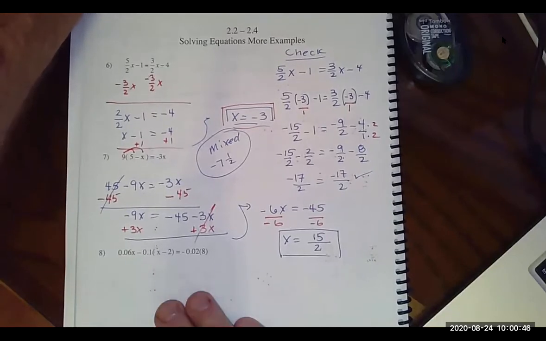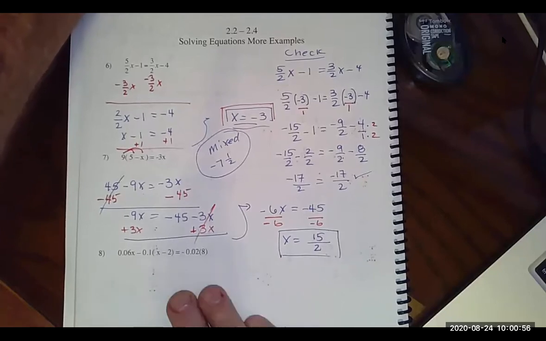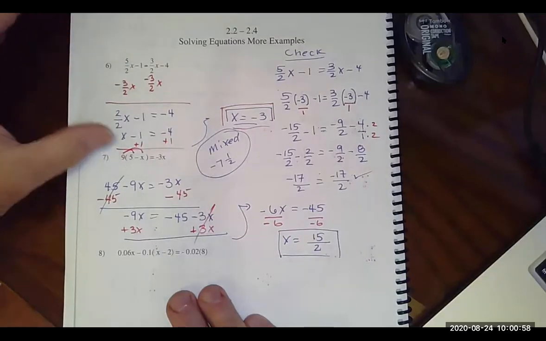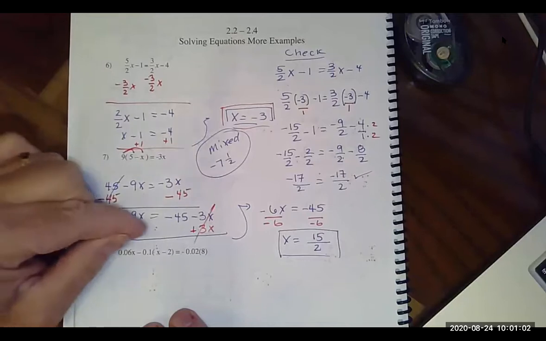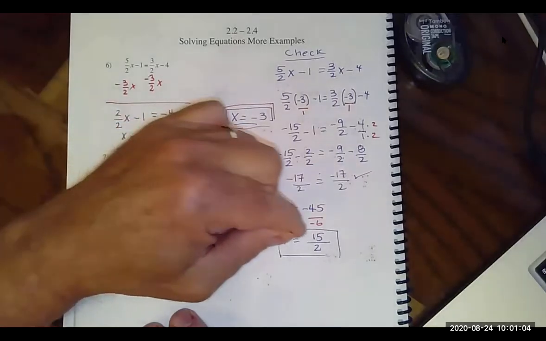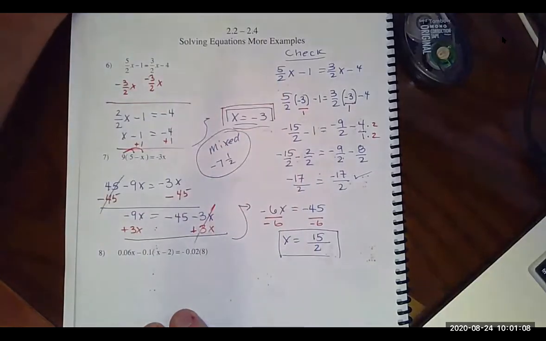Now, here is something that's interesting. On the multiple choice test, where I'm not asking for any work, it's just the right answer. Let's say this problem was given to you, and you say, gosh, I get it. I know how to do this. It makes sense. And you get down to this answer right here, and you look at your choices, and it's not 15 over 2.